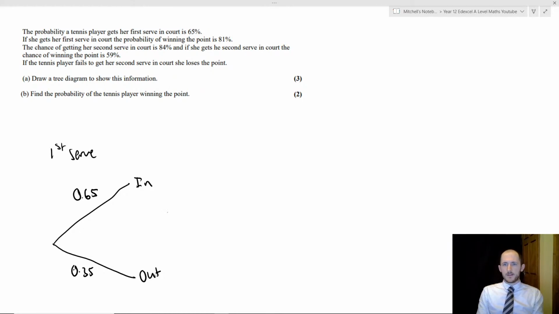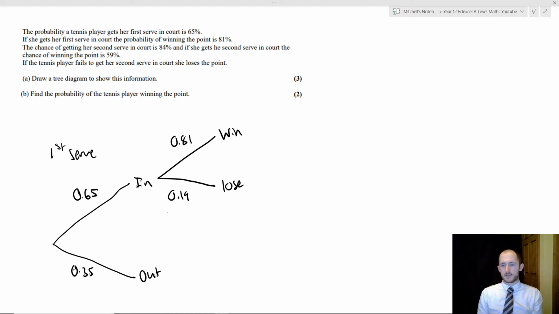And if she gets her first serve in the court, then it's win and lose. Probability that she wins is going to be 0.81, which means that would be 0.19.